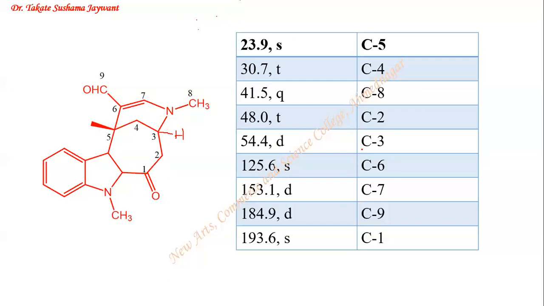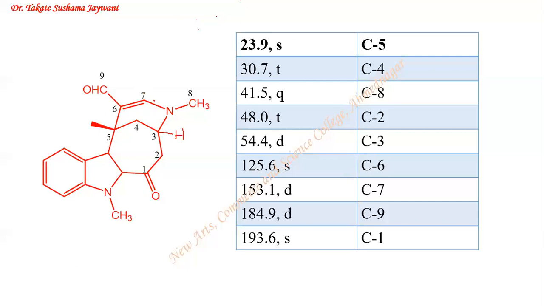Next, 125.6 singlet is there. So this is a double bonded carbon atom. I have to look for the double bonded or sp2 hybrid carbon atoms. I have three sp2 hybrid carbon atoms here: C7 is there, C6 is there, then we have C1, but C1 is a carbonyl group. We have to decide among C6 and C7.